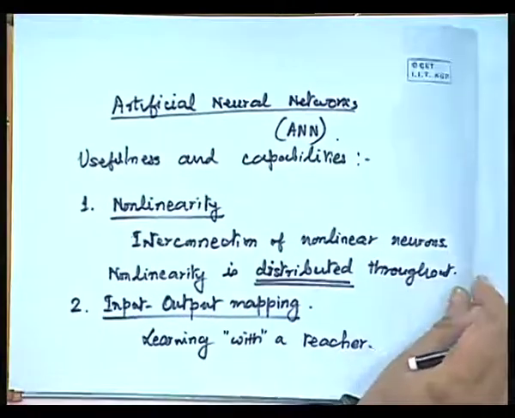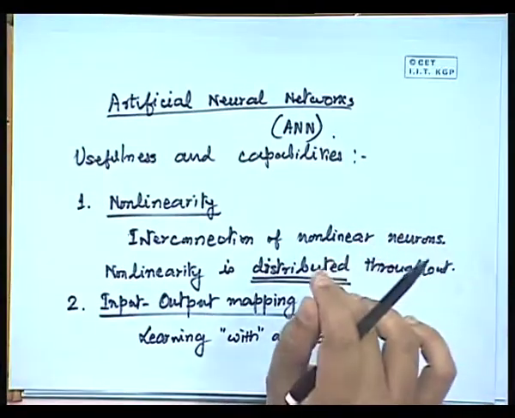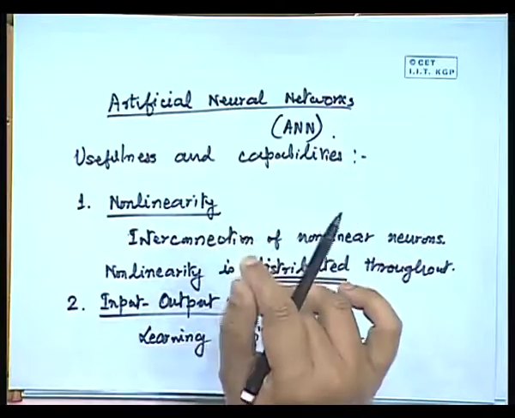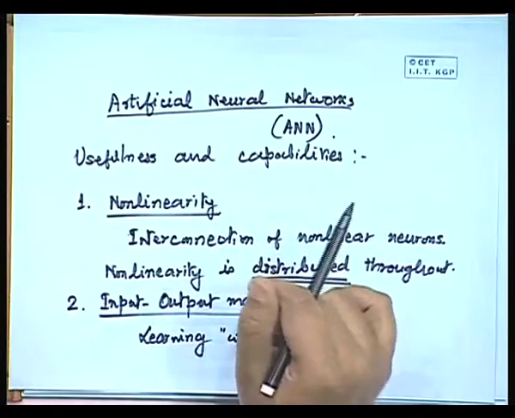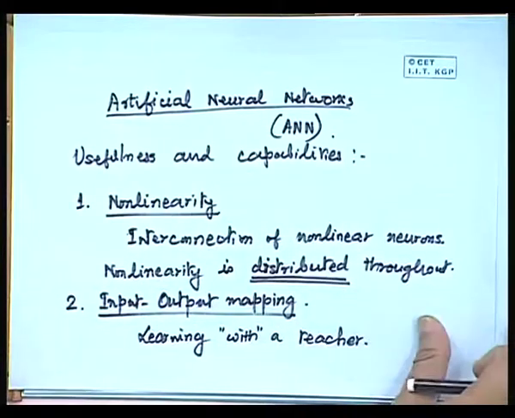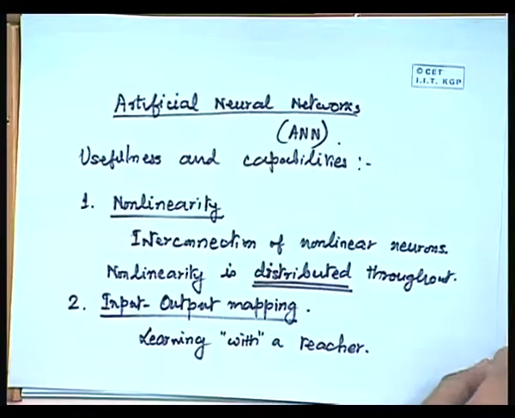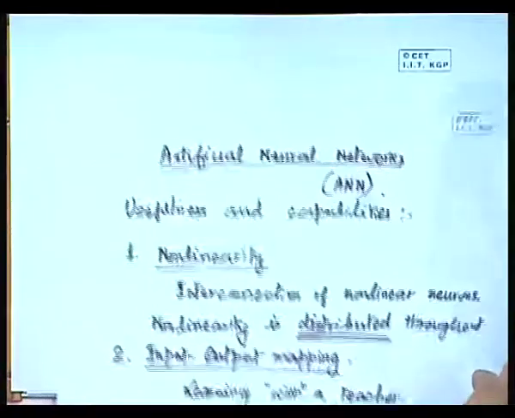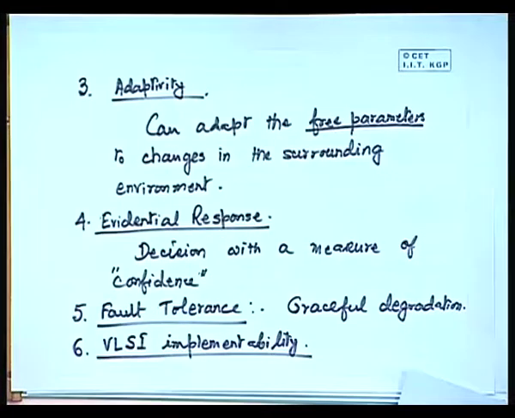They are the properties which biological neurons fulfill, and which artificial neural networks also can be made to fulfill, starting from nonlinearity, the input-output mapping or the learning mechanism, and adaptability.